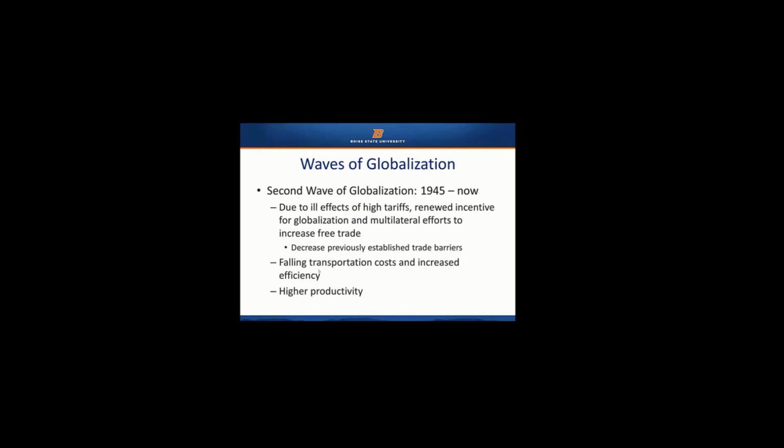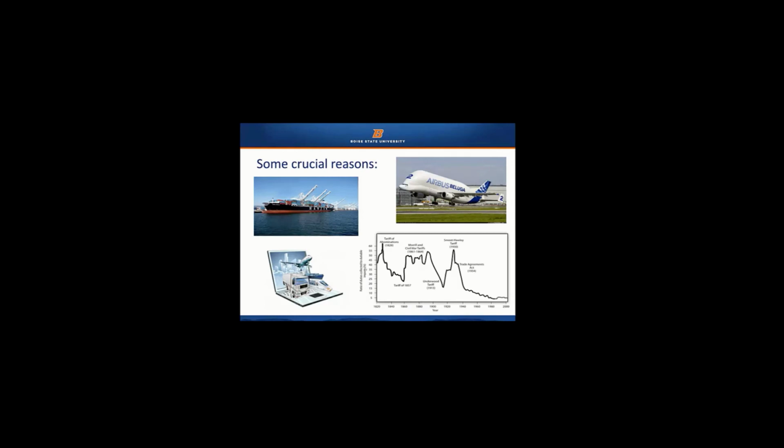Along with the reduction in tariffs and trade barriers, there were falling transportation costs and increased productivity in transportation. So here's a little slide that I have. What have we had since World War II? We've got containerization, huge. You can load over 5,000 containers on a ship and ship them to the United States. This is Hanjin Shipping at the Port of Seattle.